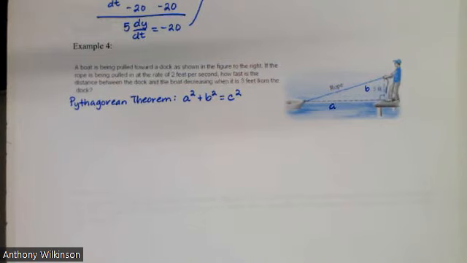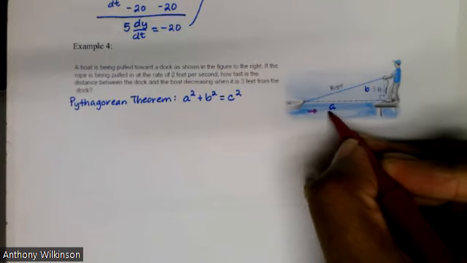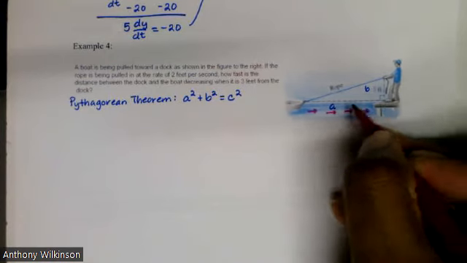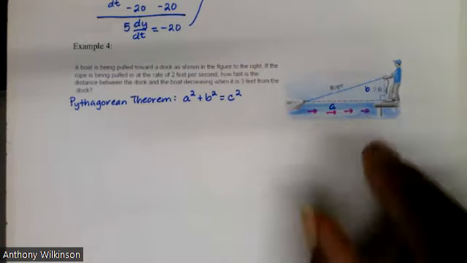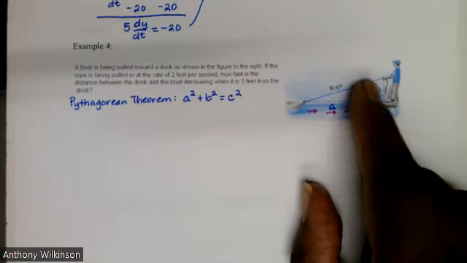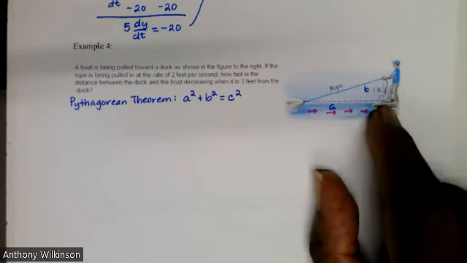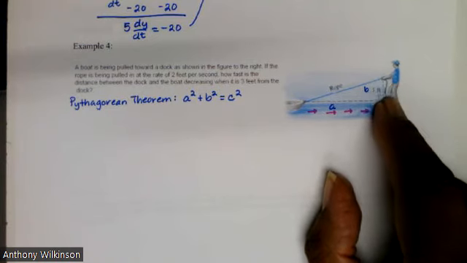So that means the boat is coming inward this way, so this length here will be decreasing. Keep in mind this distance from the dock up to where the rope is being held is going to remain the same.